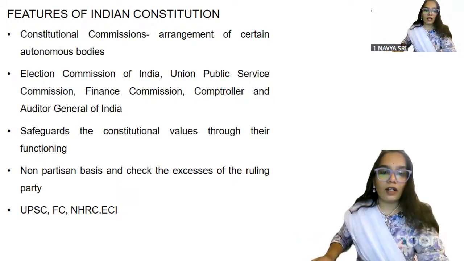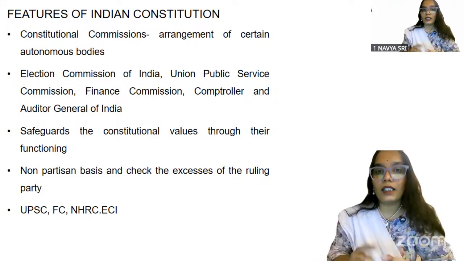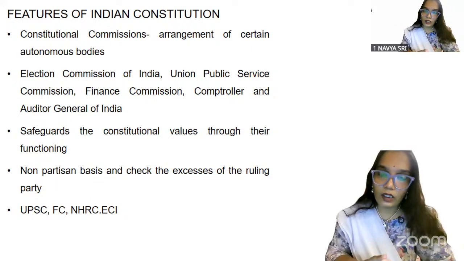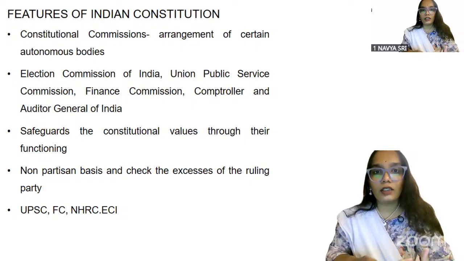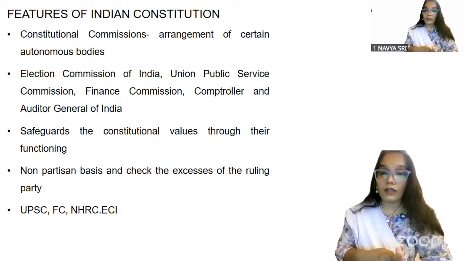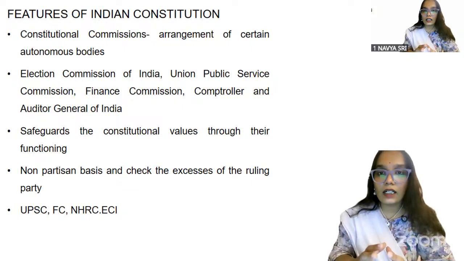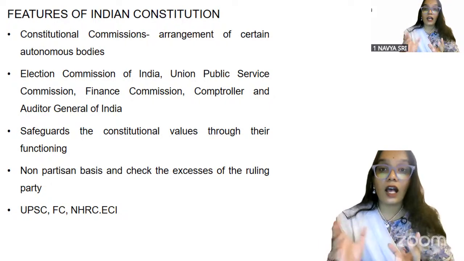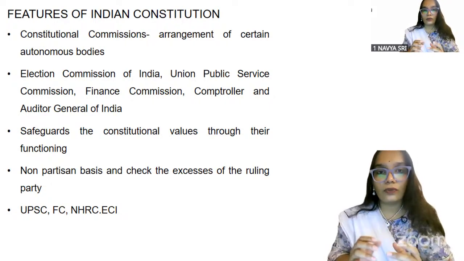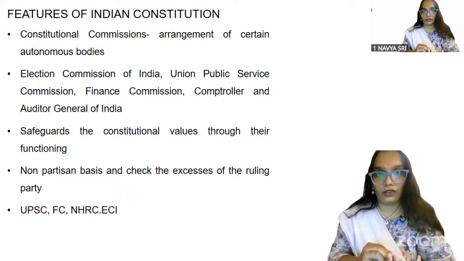Then it also safeguards constitutional values through their functioning, which we can see in their appointment, removal, tenure and qualifications. Then next comes their drawing of salaries and allowances. All these five features will exert their constitutional values, so that these commissions or autonomous bodies are truly autonomous, and they are safeguarded through these five features.